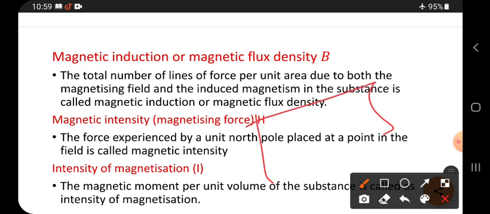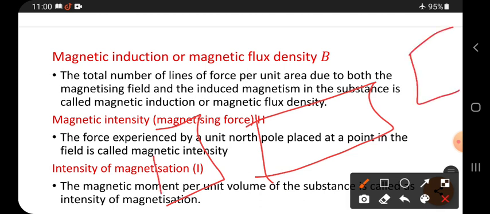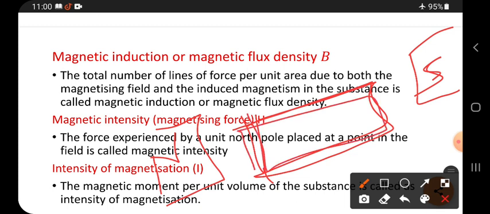Suppose a material is taken having unit area and lines of force. In the beginning, it is not a magnetized substance. Let me keep it in the presence of a magnetic field. Then it can be magnetized. When a magnetic material is kept between two poles, it can be magnetized.